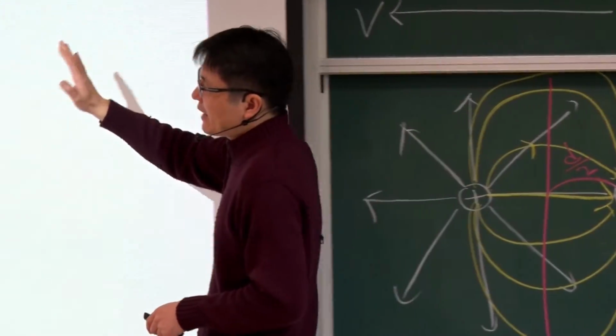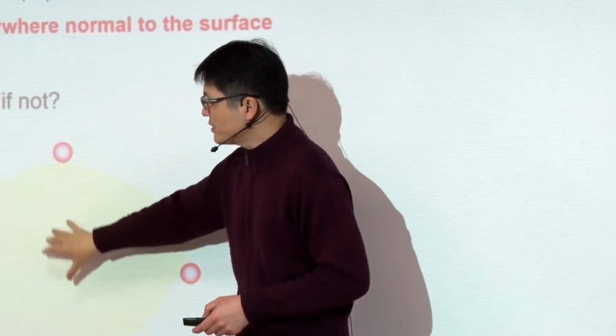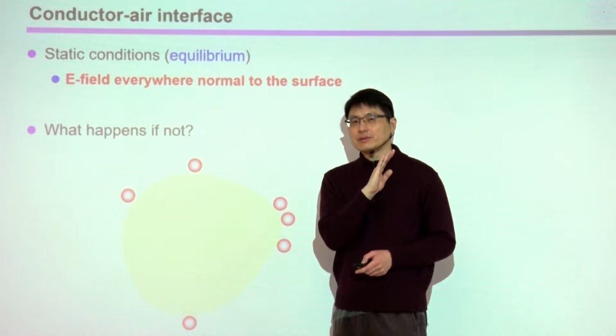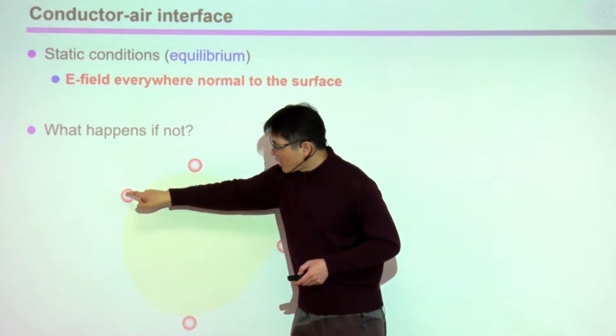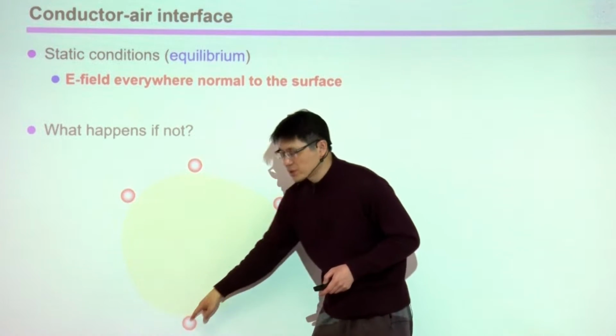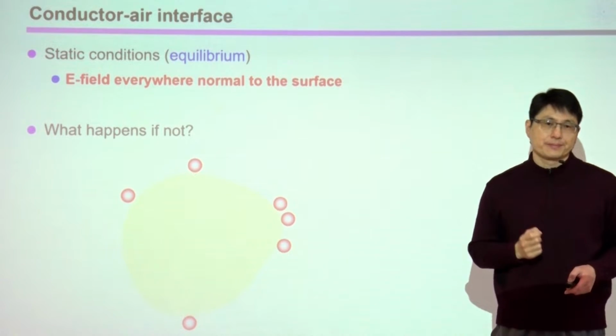Okay, so in a static condition, let's summarize again. Inside the metal, no charge, no field. But the charges are allowed to locate on the surface of the metal.